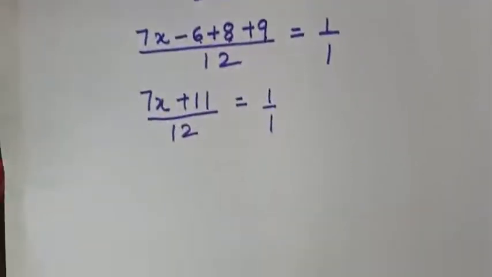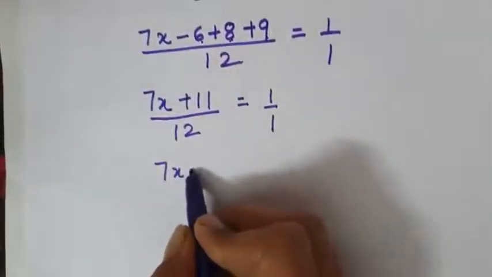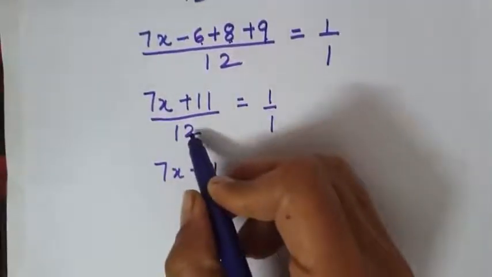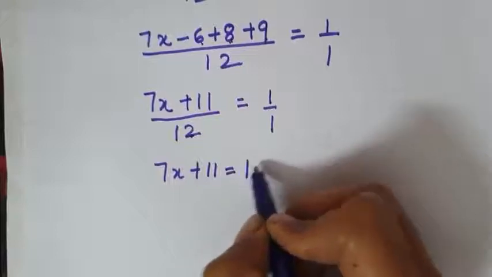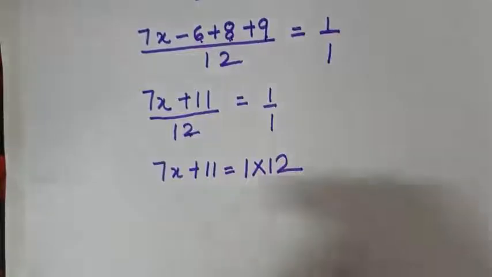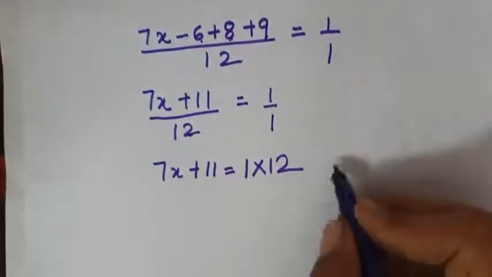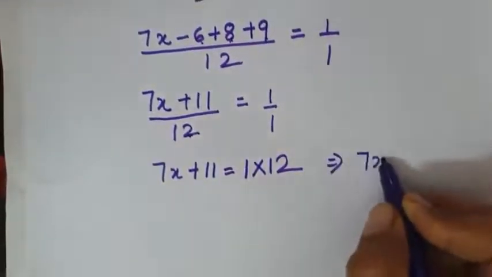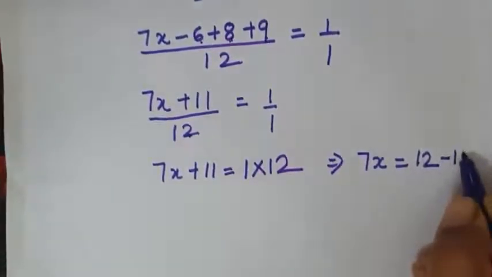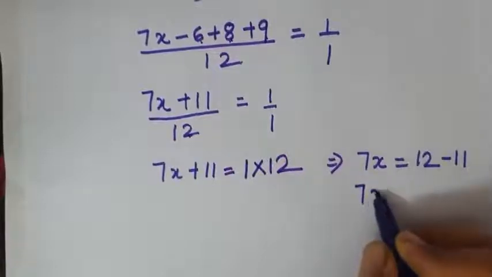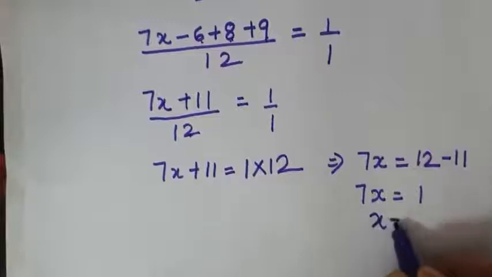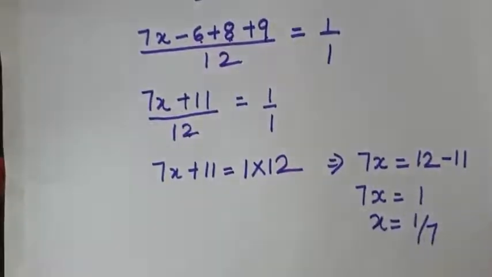So what we get? 7x plus 11. Now 12 is getting divided here, so it will shift and get multiplied. So what we get? We get 7x is equals to 12 minus 11. That is 7x is equals to 1. So x will be 1 upon 7.